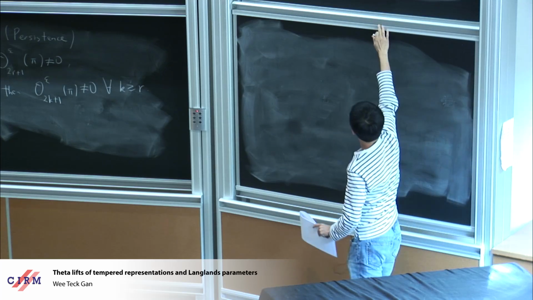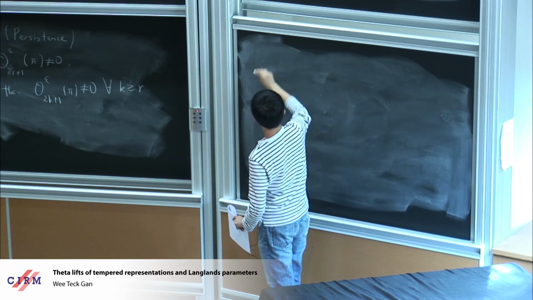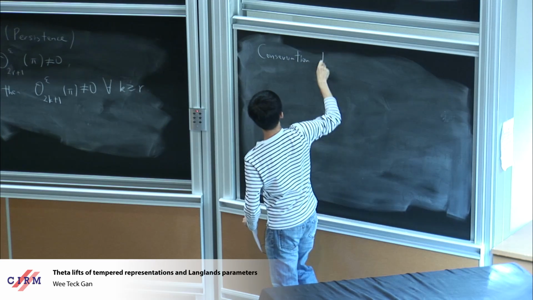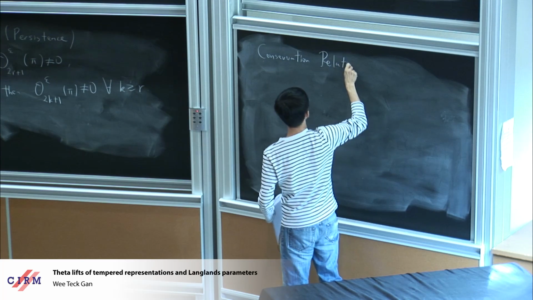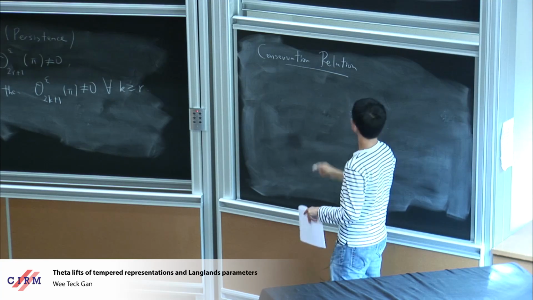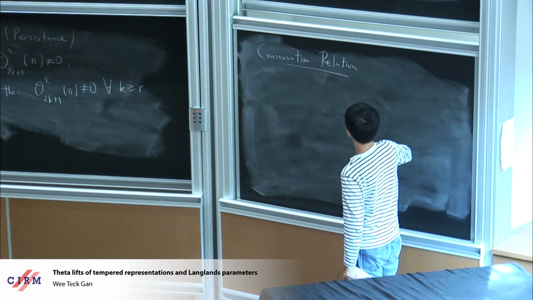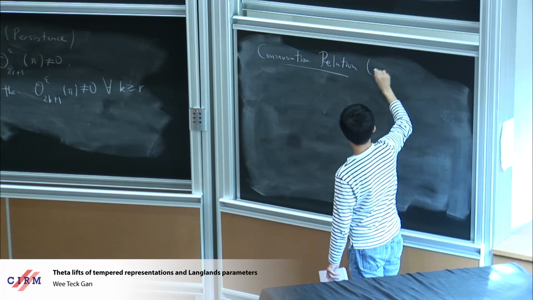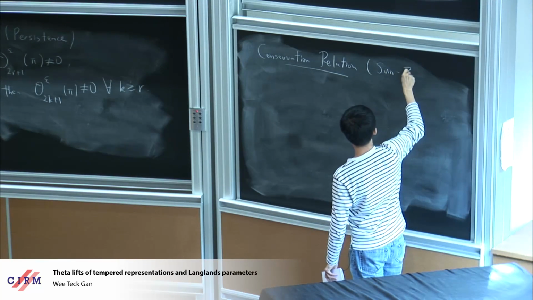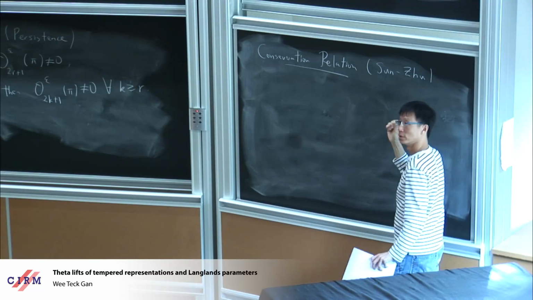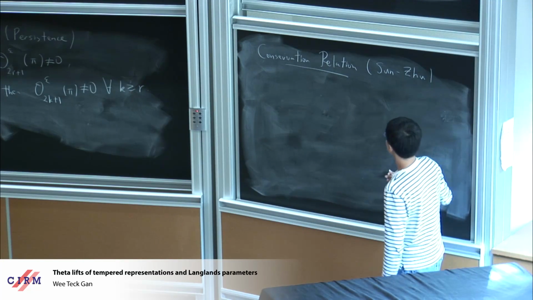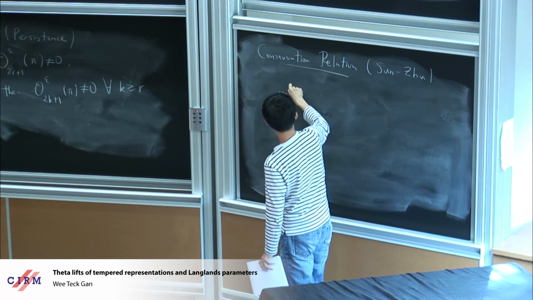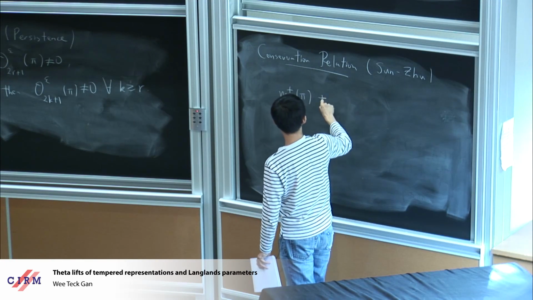But thanks to a result known as the conservation relation, which used to be a conjecture of Kudla and Rallis, and now is a theorem of Bingyong Sun and Chen-Bo Zhu, one has the following identity.